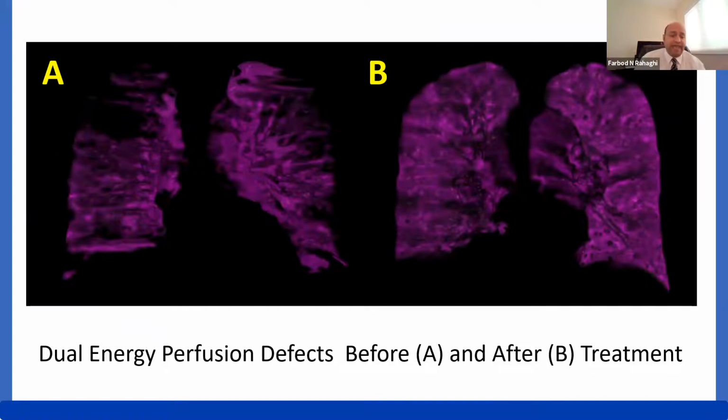And you can see a large defect in the upper portion of this lung. And after treatment, the defect disappears. And so you can actually see the way in which the contrast, the iodine, is penetrating the lungs, and use that as yet another way of trying to understand how the disease is impacting your patient.